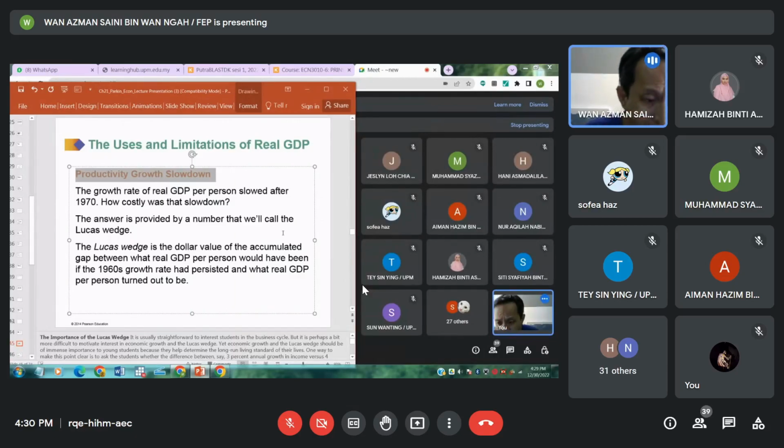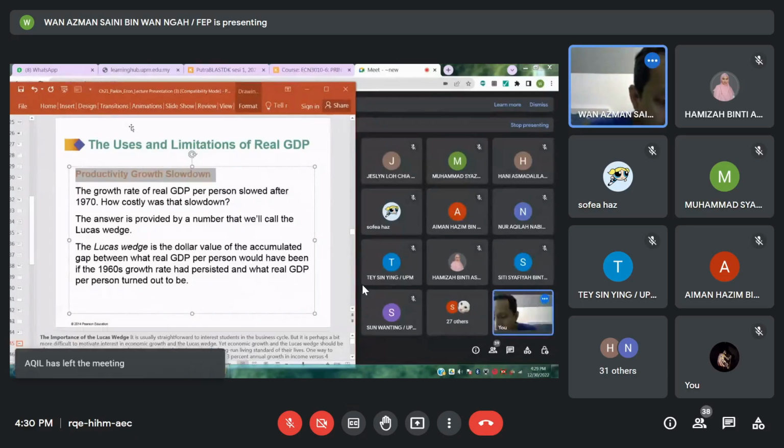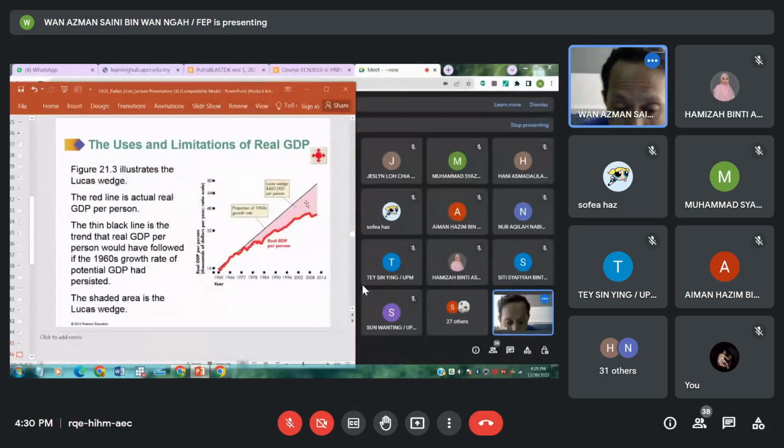So we don't have clear reasons why productivity has gone down. But there is one concept that is worth discussing. This is the Lucas wedge. Let me explain by using this graph.